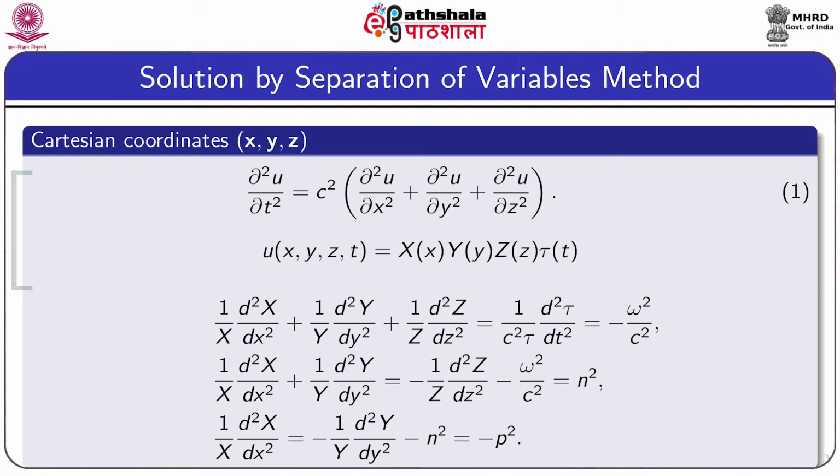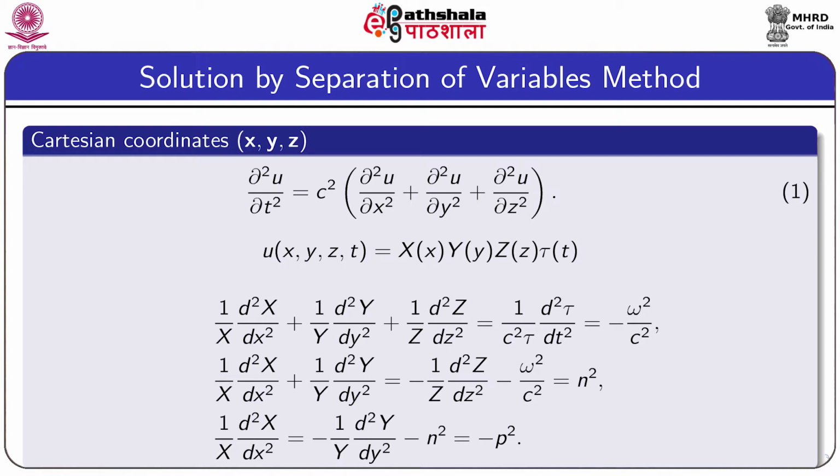Now I am going to apply this method to find the solution in the 3-dimensional Cartesian coordinate system. The wave equation in Cartesian coordinate system can be represented by equation number 1.